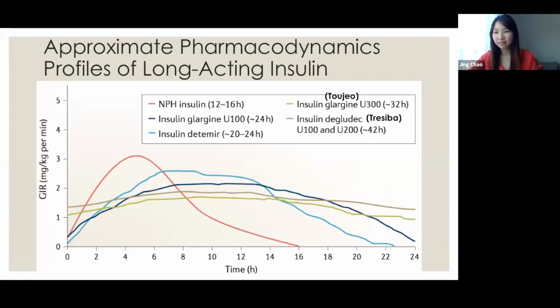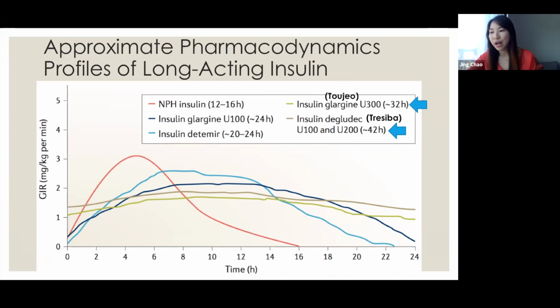All right, so in year 2021, we have greatly expanded our armory of basal insulin. So we have already covered NPH, insulin glargine U100, insulin detemir. The new kids on the block since 2016, really not too new anymore, are insulin glargine U300, Toujeo, which lasts about 32 hours.